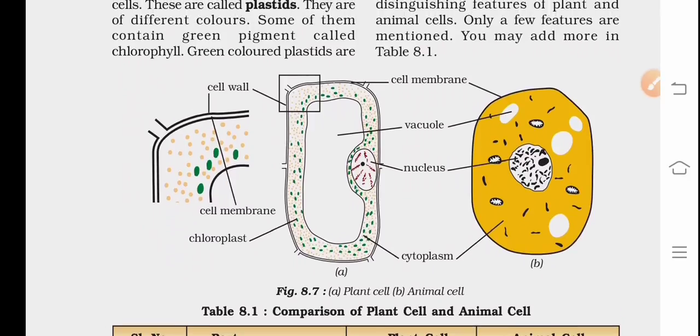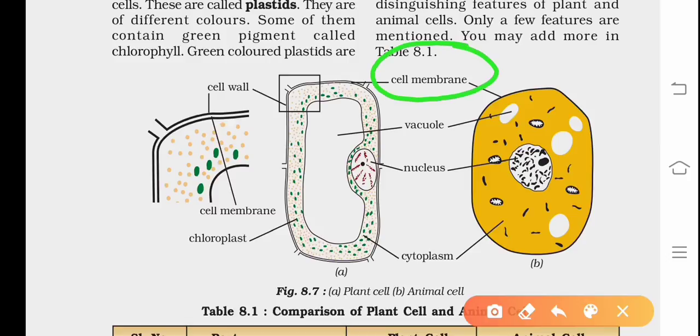Here we can see on the left hand side there is the diagram of a plant cell, and on the right hand side there is an animal cell. So first of all we see there are some common structures between both of them, like the cell membrane. The cell membrane is present in both of them.